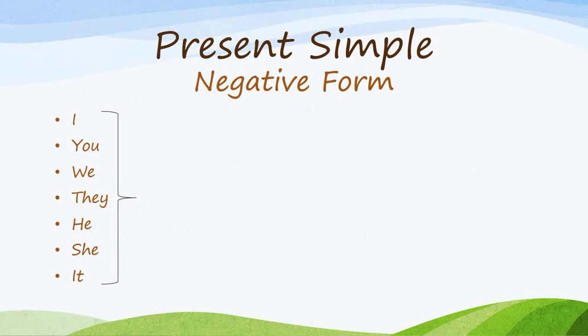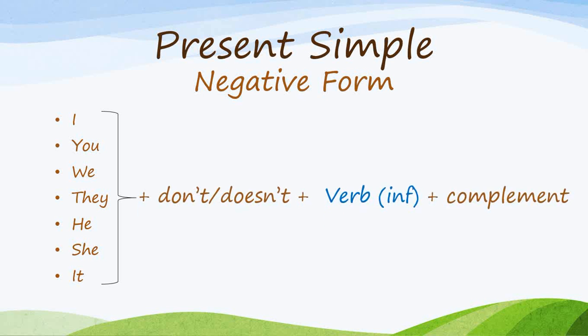Now we are going to learn how to form the negative form of the present simple, or what is the structure of the negative form. The first thing that we have in the structure is the subject, plus don't or doesn't, plus the verb always in infinitive, plus the complement.